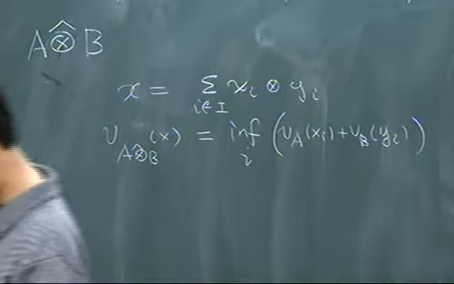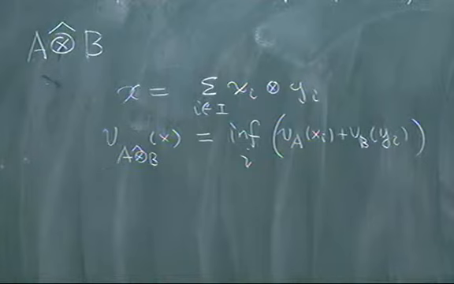You need to get this. So this is the topological tensor product, and then you can form all these kinds of tensor products.